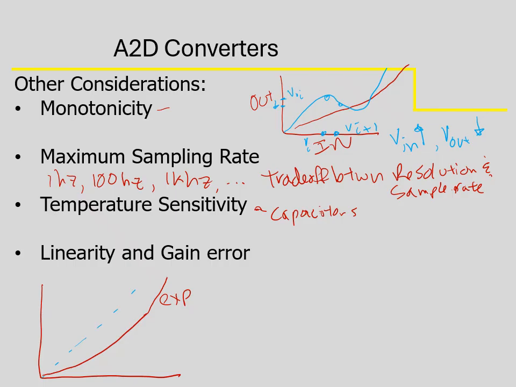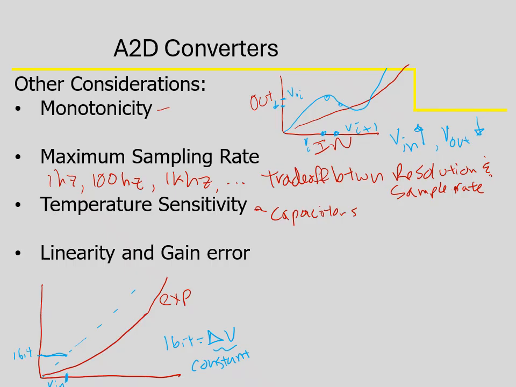That would mean that when we talked earlier about the least significant bit, if this is 1 bit here, if it's linear, 1 bit is going to have some delta V, and that's always going to be constant.